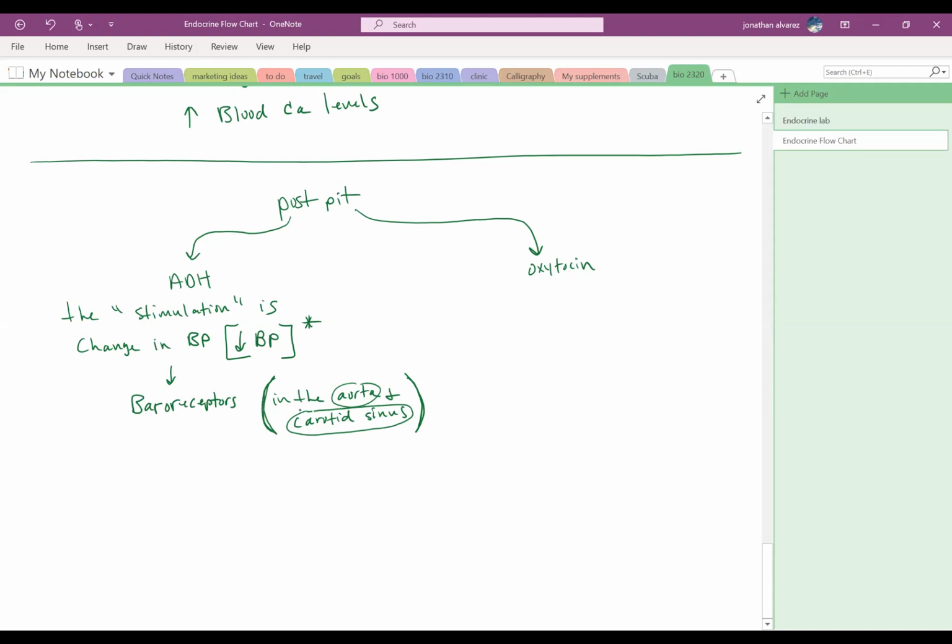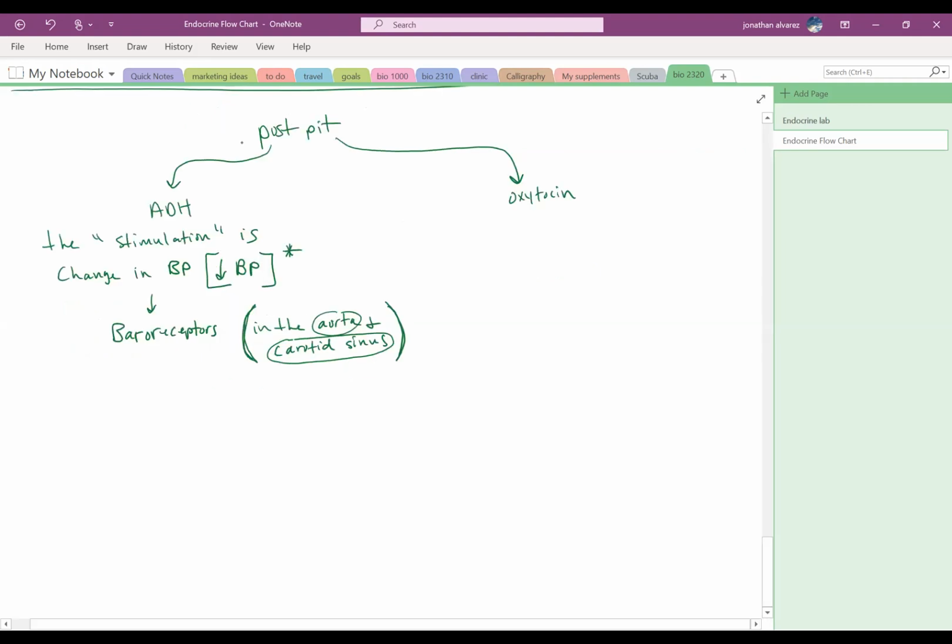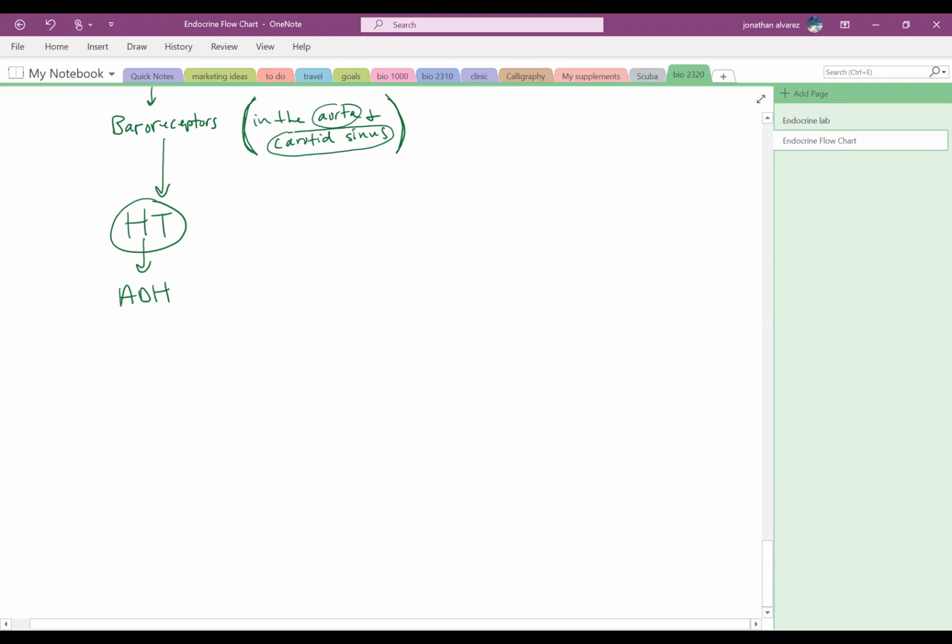There are nerve receptors in there. When they pick up on that, they tell the hypothalamus to release ADH from the posterior pituitary.